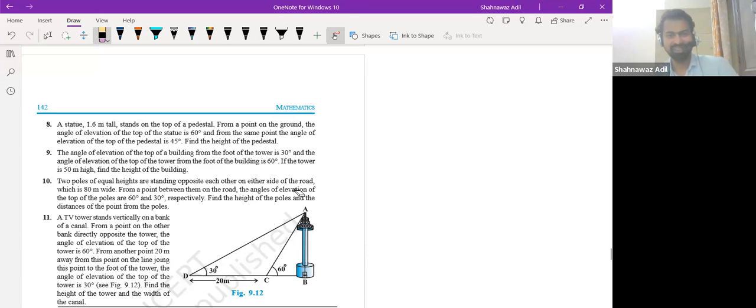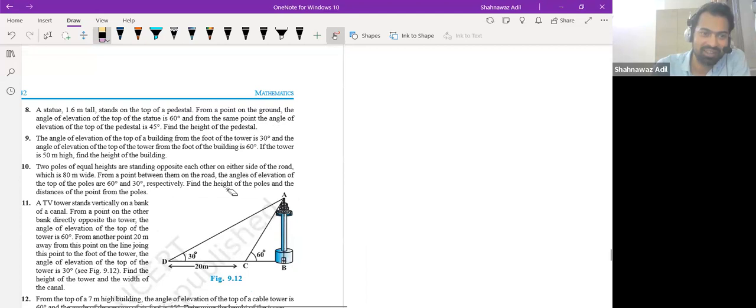So finally, we have found one guy who is not the same as the previous one. So the writer wasn't that lazy. Okay, so a statue. This is a statue that stands on the top of a pedestal. So we have this pedestal, and then we have this statue.